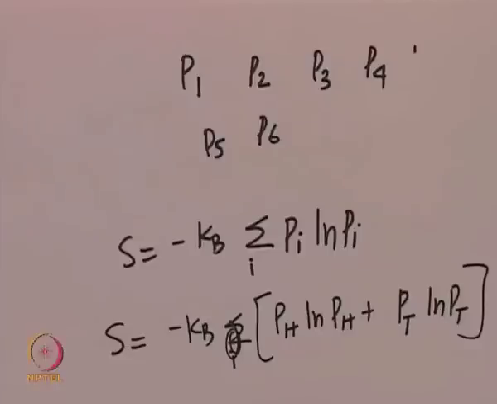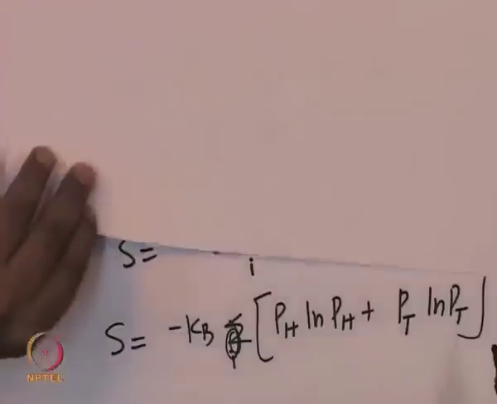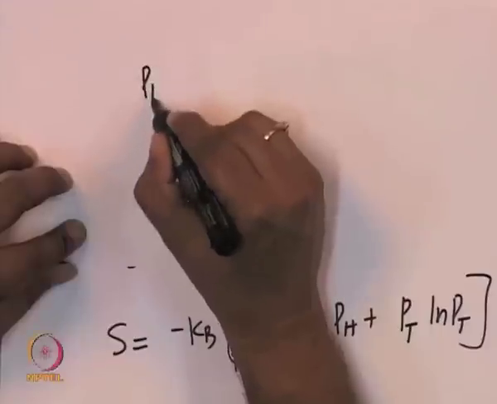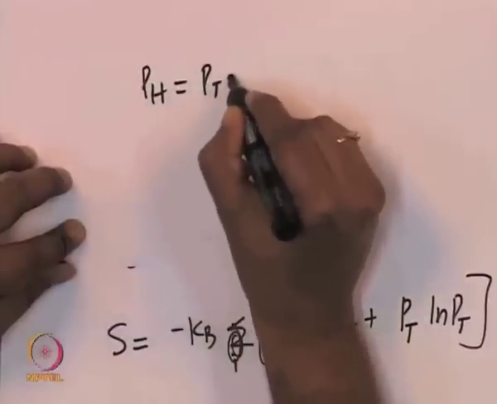Now, if pH and pT are equal, you take this formula and put pH equal to pT equal to half.